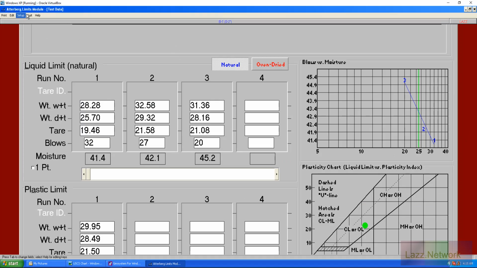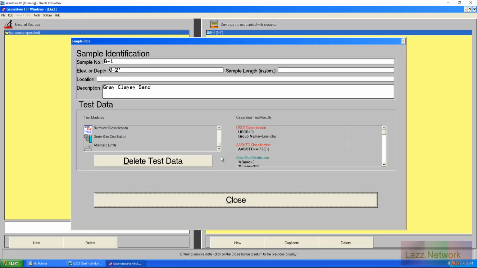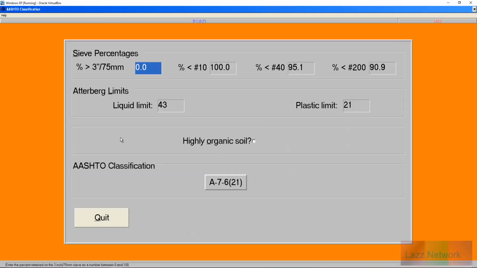So now what I want to do, actually, let's check out the AASHTO classification system here. As we can see, for what we have, this is saying this is an A76. So let's check the work and make sure this is correct. We have nothing retained on our 3-inch sieve.